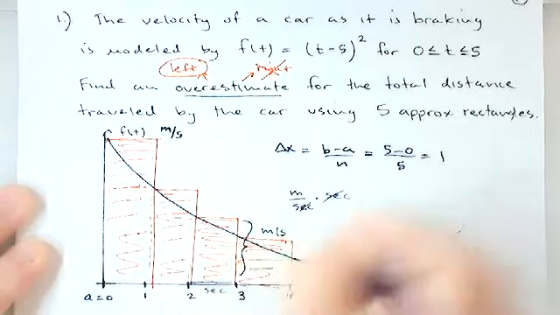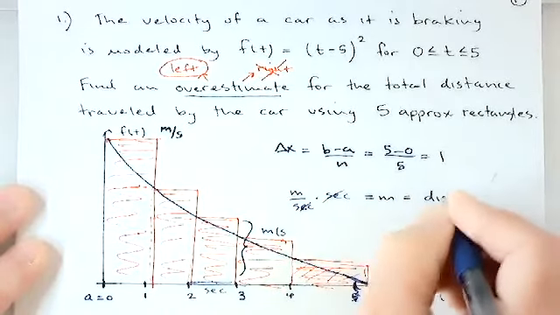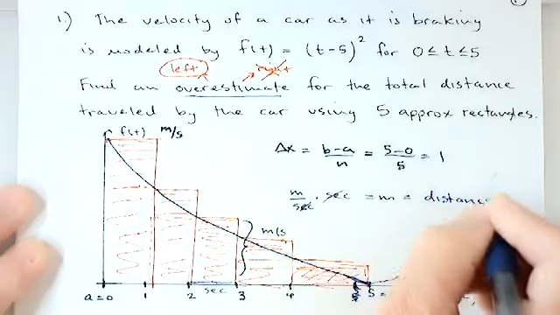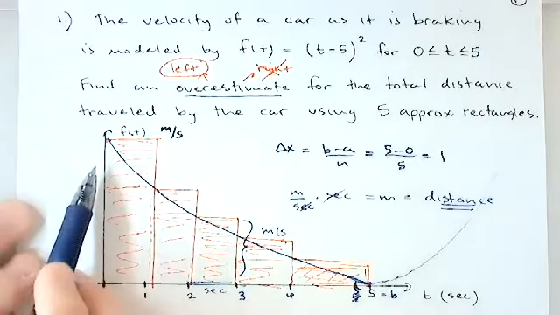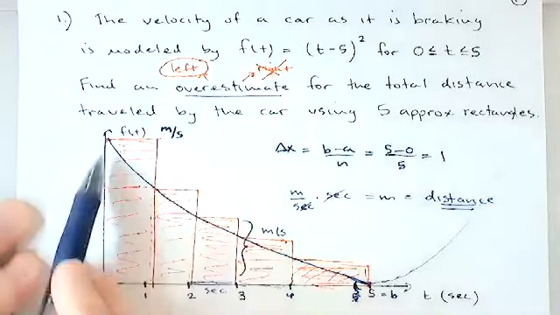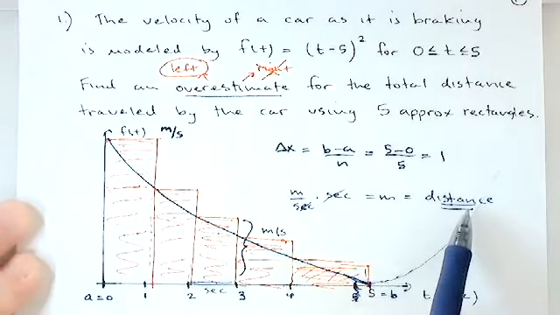Because that's how you'd find the area. That gives you meters, which would actually correspond to distance. So it turns out one of the applications of finding the area under a curve, if your curve is a velocity curve, the area under the graph represents the distance traveled by this car. Okay.